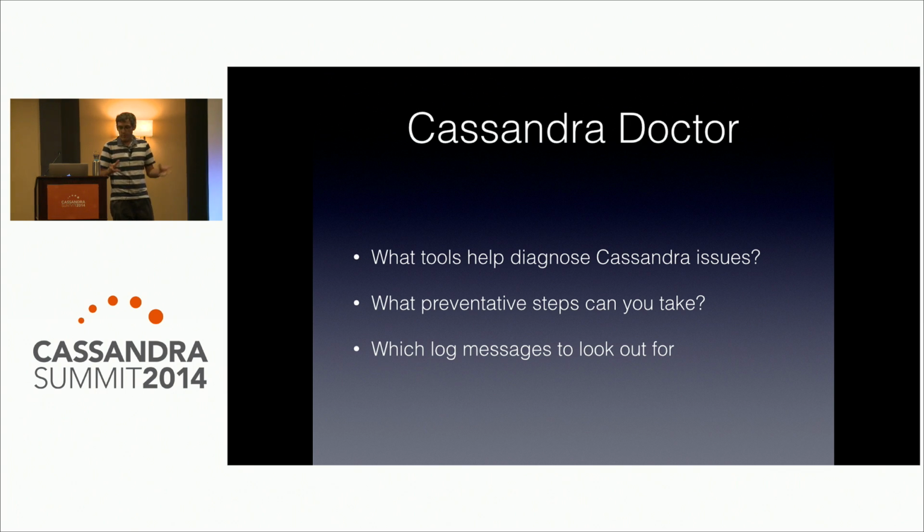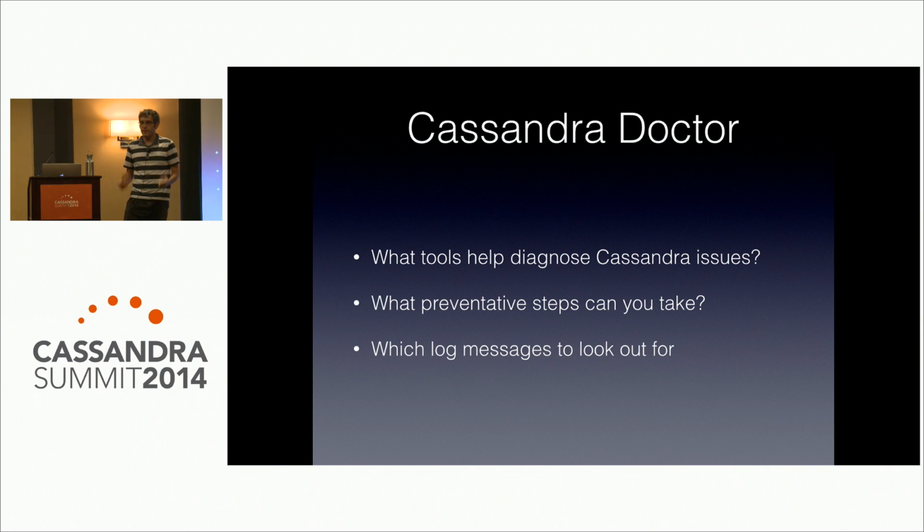So, moving on to the talk. I want to talk about tools and give you some hints, and also explain a lot of internals, because if you want to get deep down to solve problems in Cassandra, you do need to understand some internals and dive into the code. I also want to show you that it's quite a lot of fun.